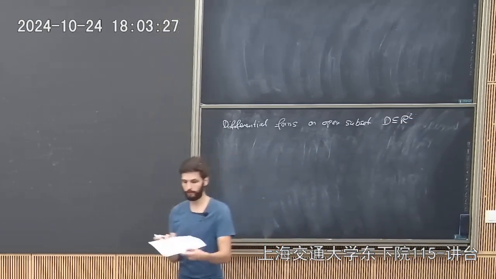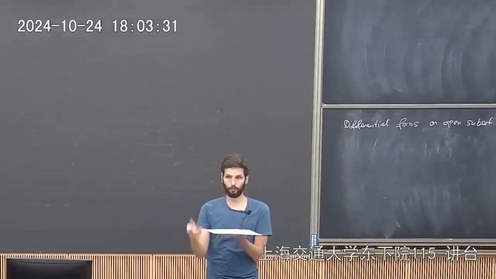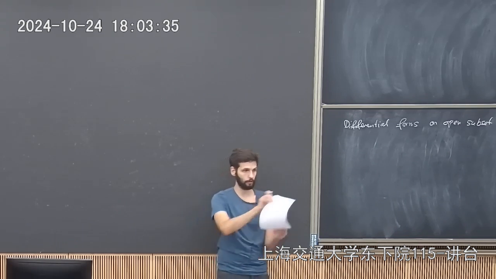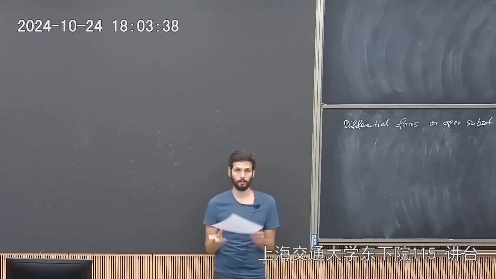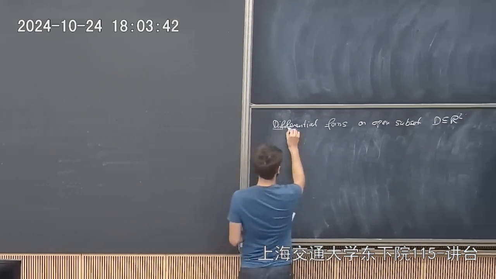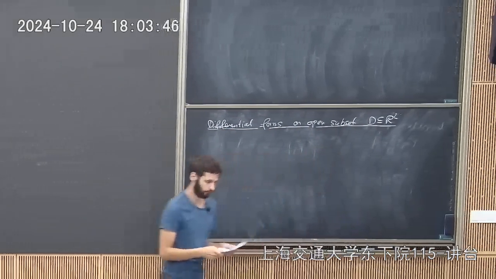So just if you have a sheet of paper and it's not curved at all, how do differential forms look here? That's the simplest case, and later we will talk about what happens if you curl it and how to describe them. So we start with the simplest case of an open subset and consider that again as a surface.